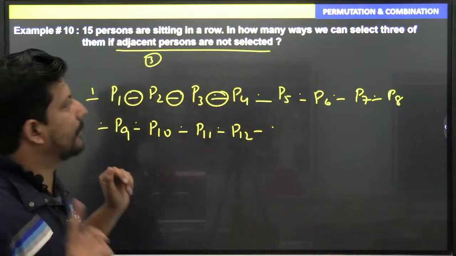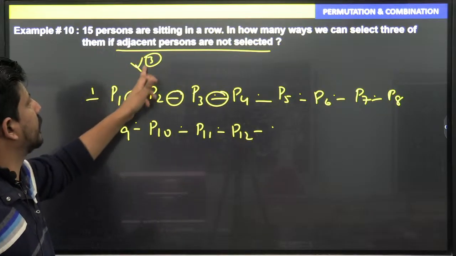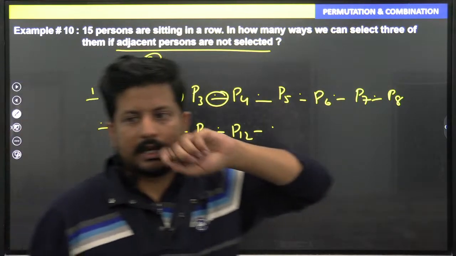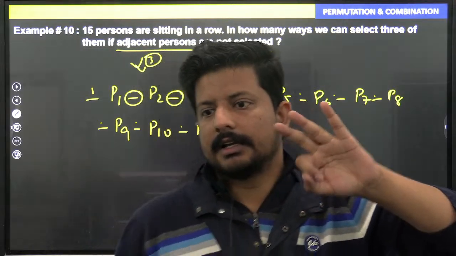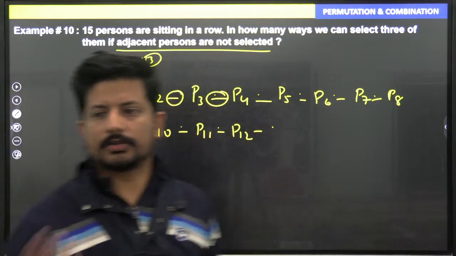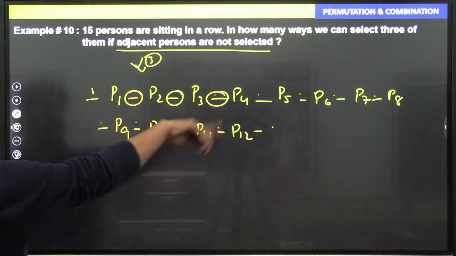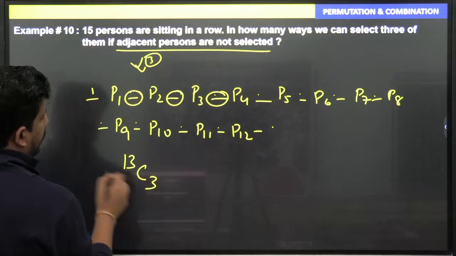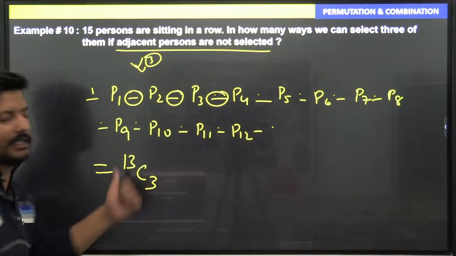So now you have to think about your three persons. The 3 persons are seated anywhere in these gaps. So you need to select 3 out of these gaps. How many gaps are here? 13 gaps. So 13C3.